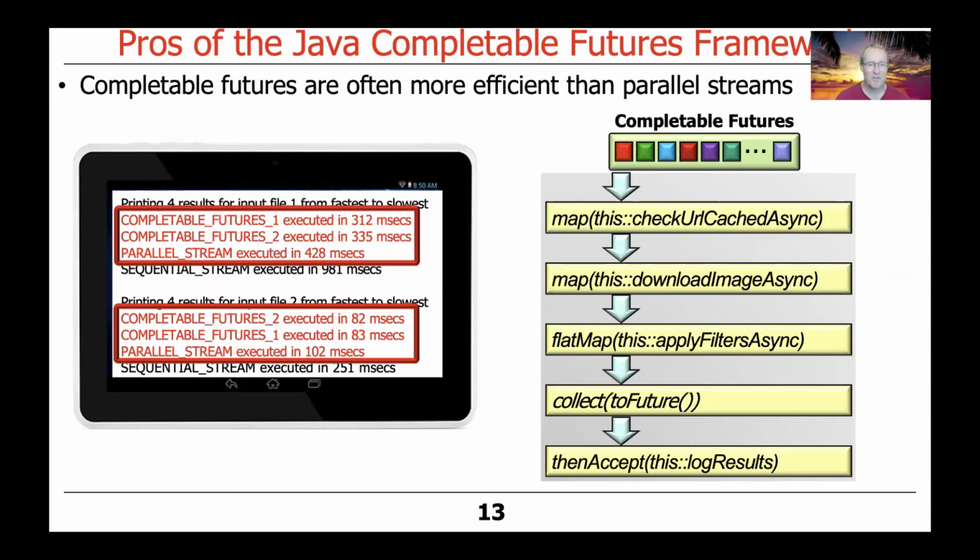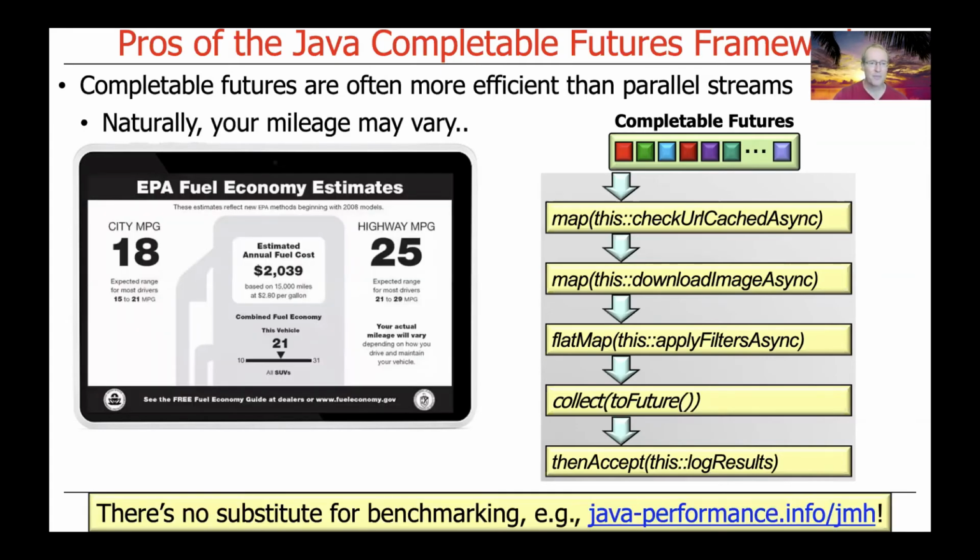You can see here that if you were to run the image stream gang program and compare it in apples to apples mode, comparing the performance of the sequential streams versus the parallel streams versus different implementations of completable futures, you'll see that the completable futures variants will always work better than the ones that use parallel streams. And certainly they always run better than the ones that use sequential streams if you have lots of cores. So your mileage may vary, but I think you'll typically find these results are borne out in practice.